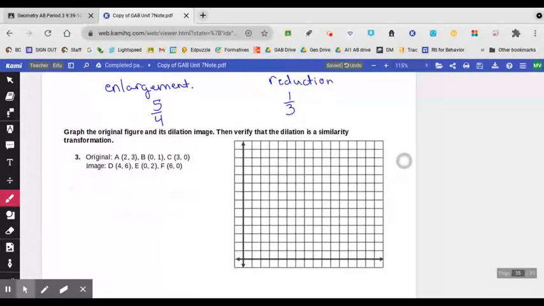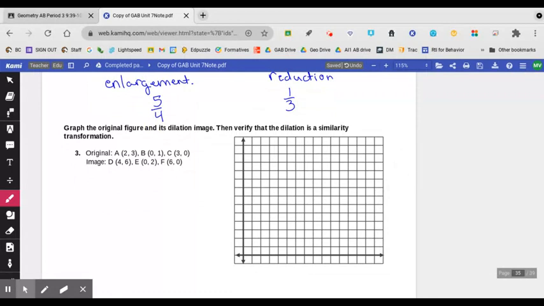So now graph the original figure and the dilated image, then verify that the dilation is a similarity transformation. I want you to pause and plot both and then come back. So I plotted my 2 triangles. You can see, unfortunately, in this case, none of them are horizontal or vertical lines.